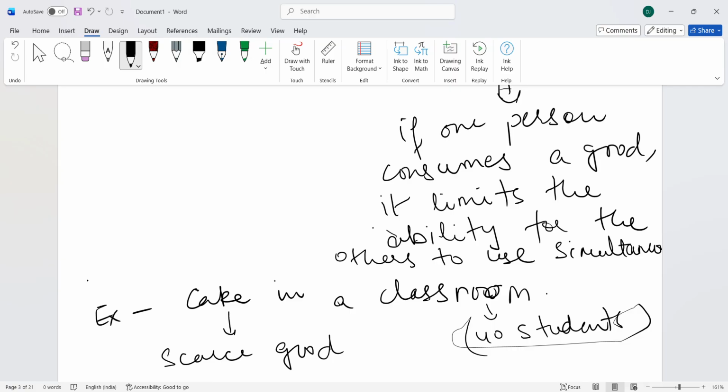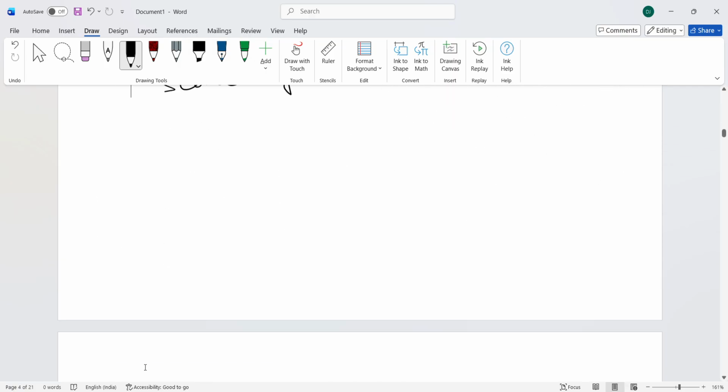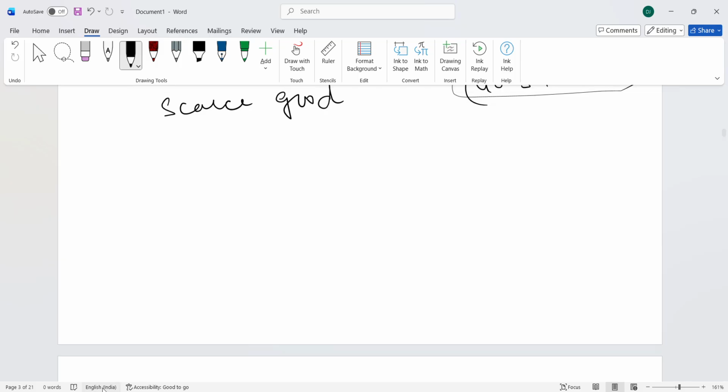All right. And then economists have created a kind of spectrum on this, to explain it more nicely. So I have the spectrum of how rival a good is.